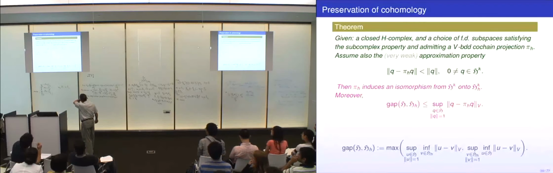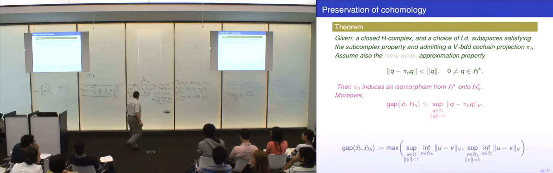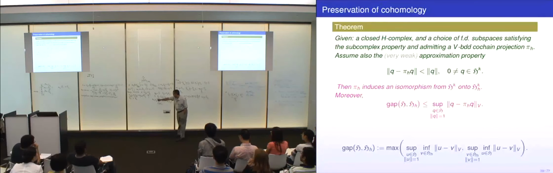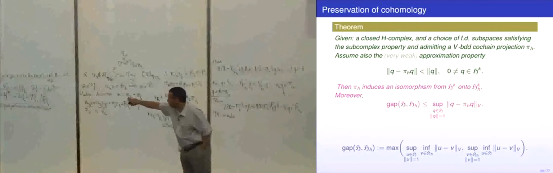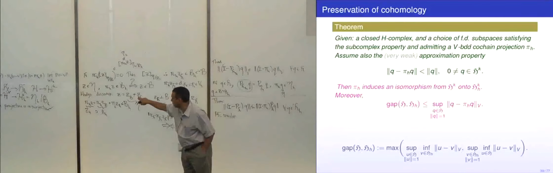The approximation property assumption, I used that to get the isomorphism on cohomology. So what I proved was that the harmonic part of this coset, I took this coset and I'm trying to prove it's actually the 0 coset, so it's only ZB, ZH is 0. So I'm trying to prove this harmonic part of this cycle is 0.